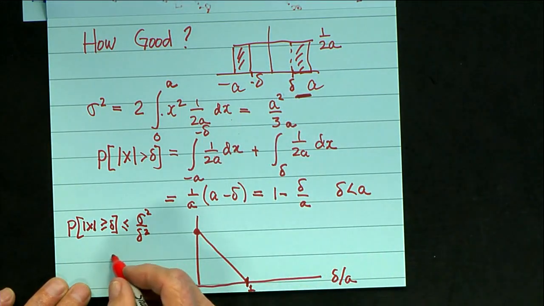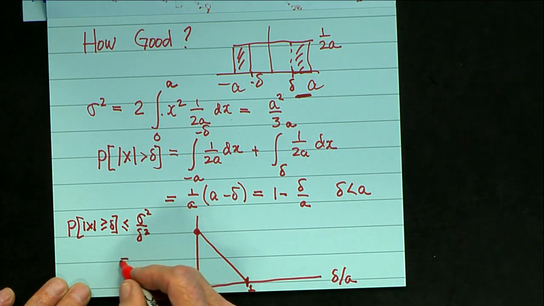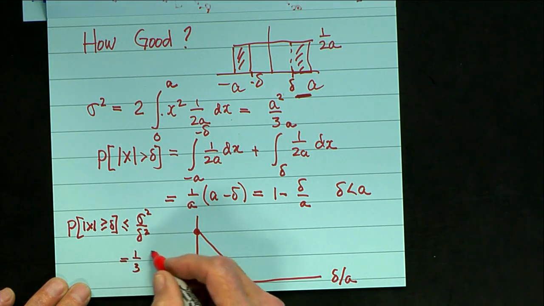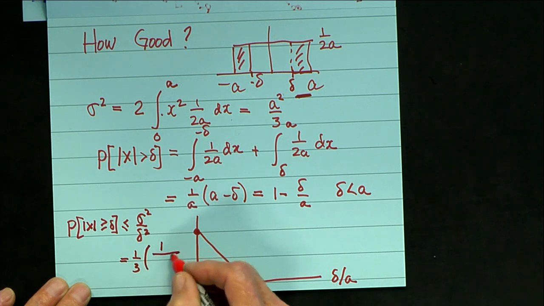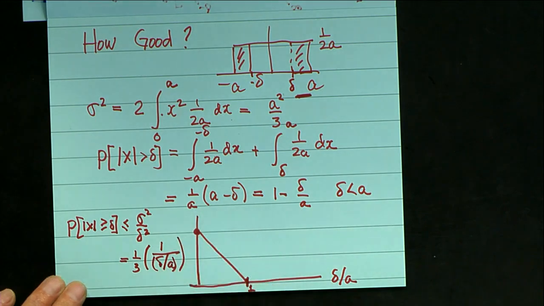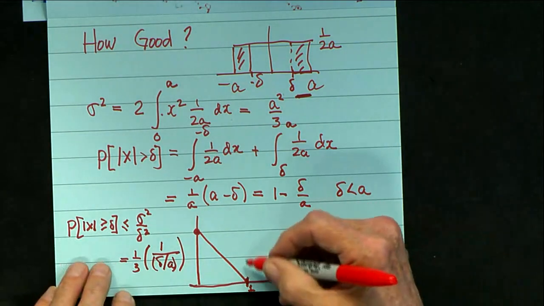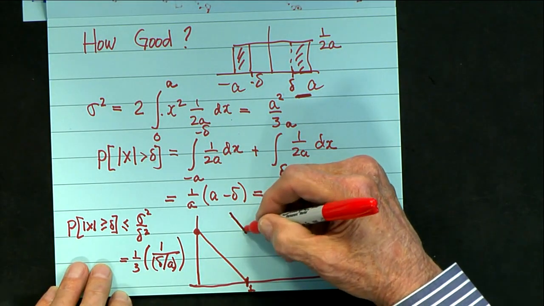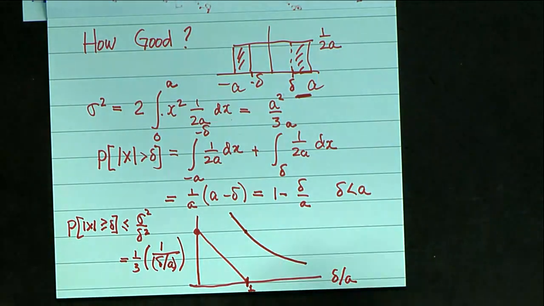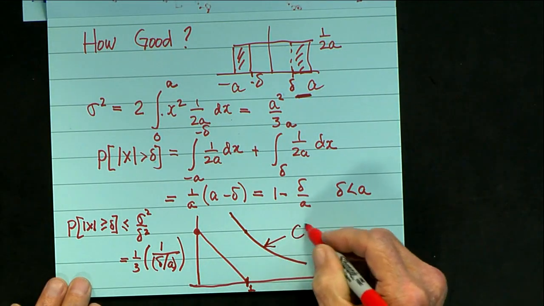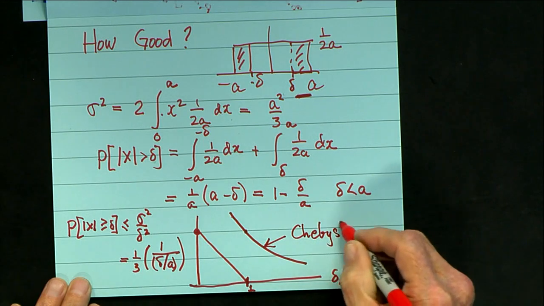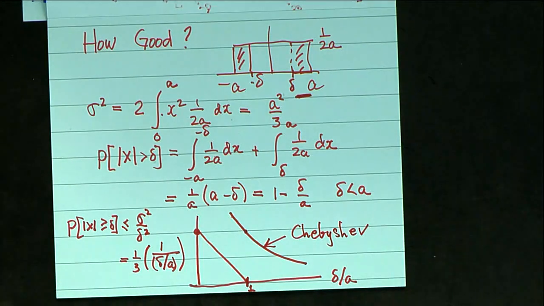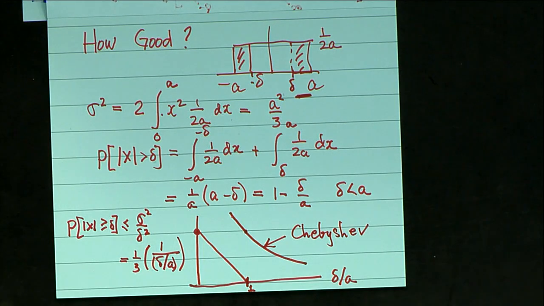And so I get that this is equal to 1/3 times 1 divided by delta over a, squared. And so Chebyshev is coming in like this. This is Chebyshev. That's a Chebyshev approximation, as a function of delta over a.